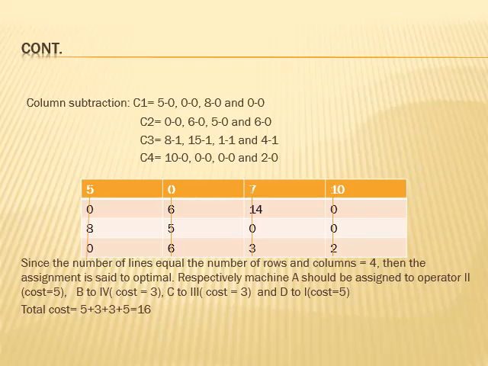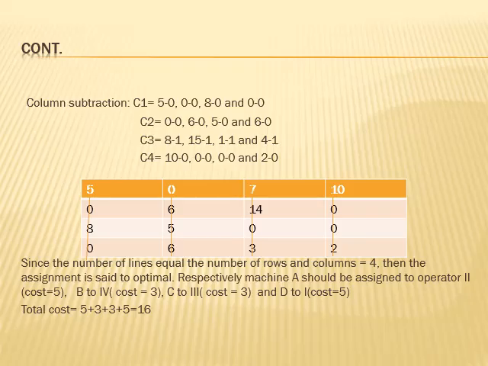Now the number of lines equals the number of columns equals the number of rows equals 4. Then the assignment is said to be optimal.